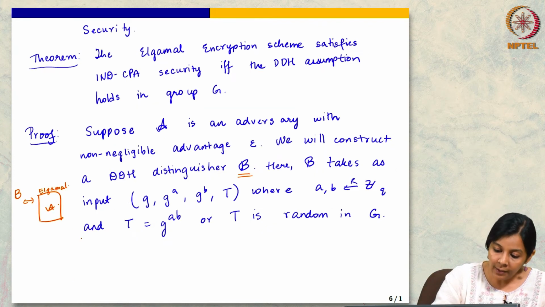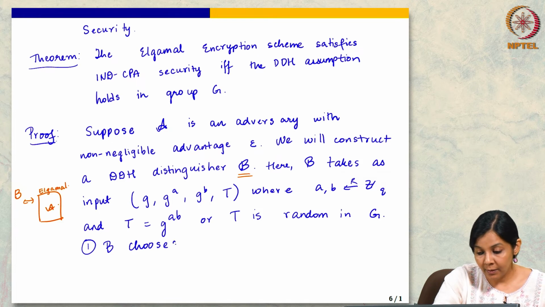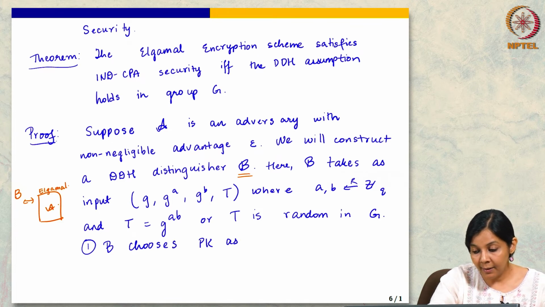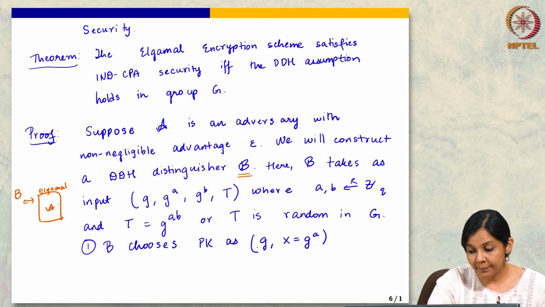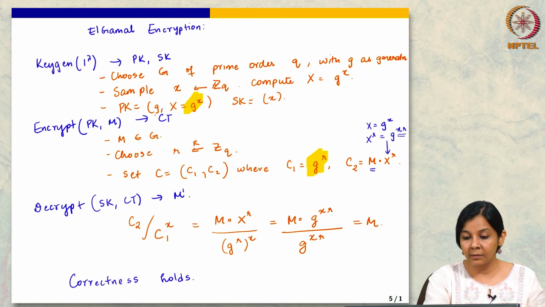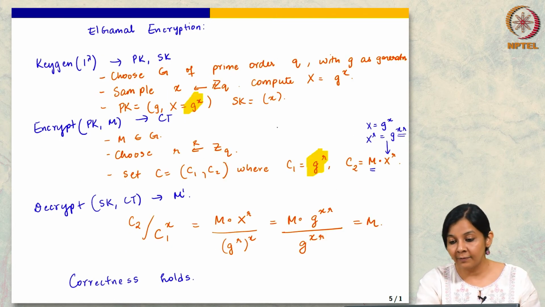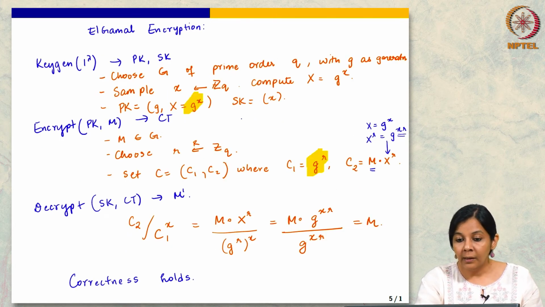Let me choose. B chooses pk as G and X as G to the A. This is consistent with what the public key looks like. Now note one very important thing: in the real scheme, the key generator also knows X, the secret key.